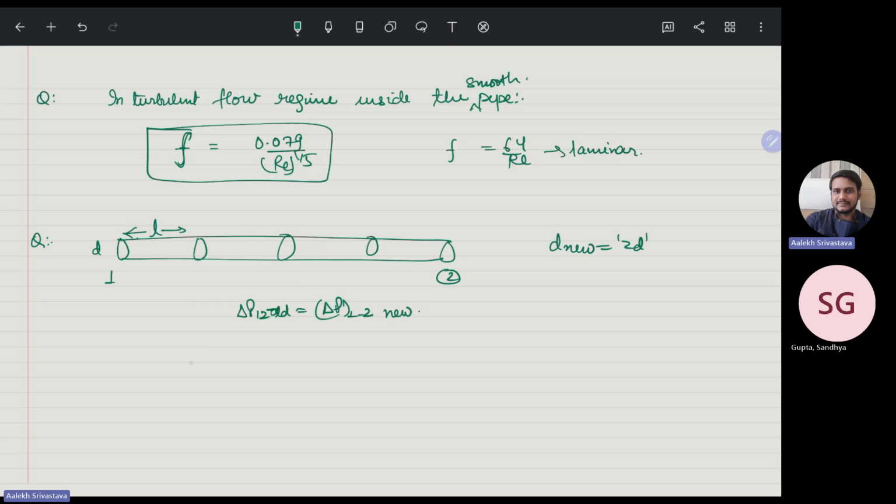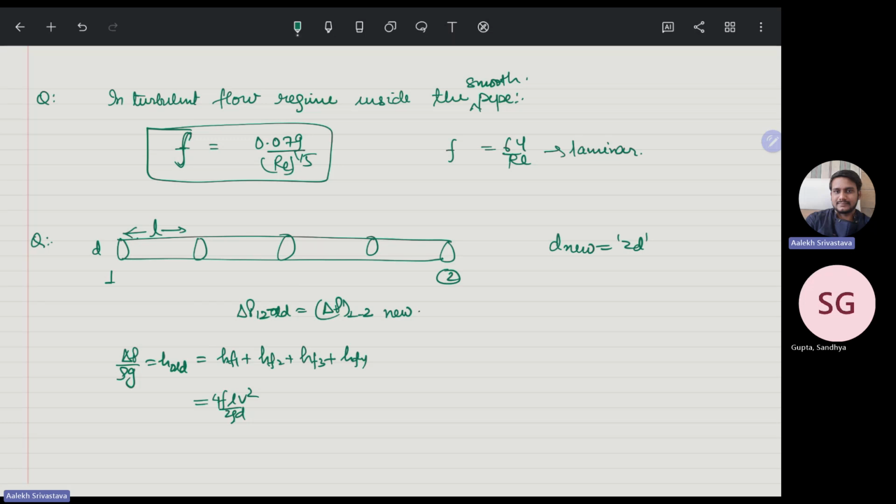First of all, in the old system, what is the total friction pressure drop? Delta P divided by rho is the head in the old system, that is equal to HF1 plus HF2 plus HF3 plus HF4, that is equal to f L V square upon 2 g D plus the same thing. So it is 4 f L V square upon 2 g D. So this is the pressure drop.